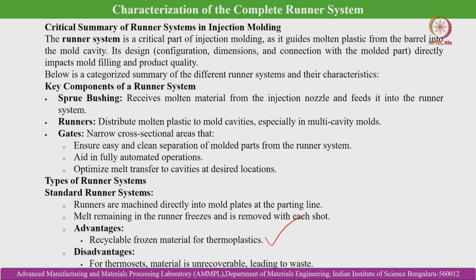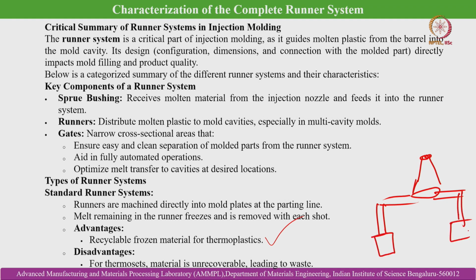The key component of a runner system is the sprue bushing. It receives molten metal from the injection nozzle and feeds it into the runner system. For example, it will sometimes look like this. This is maybe the runner, and from here it gets distributed, channelized, and then it can go to the component cavity.